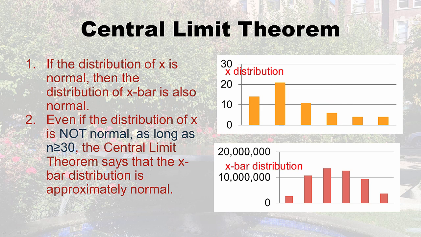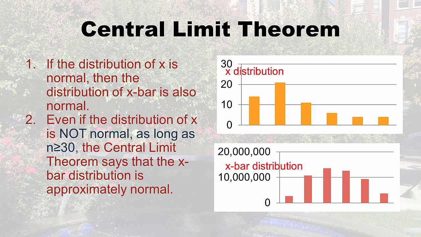But even if the distribution of x is not normal, as long as n is more than 30, the central limit theorem says that the x bar distribution is approximately normal. Remember a lot of that hospital data we've been looking at, like hospital beds in a state. Often you'll see a skewed distribution.